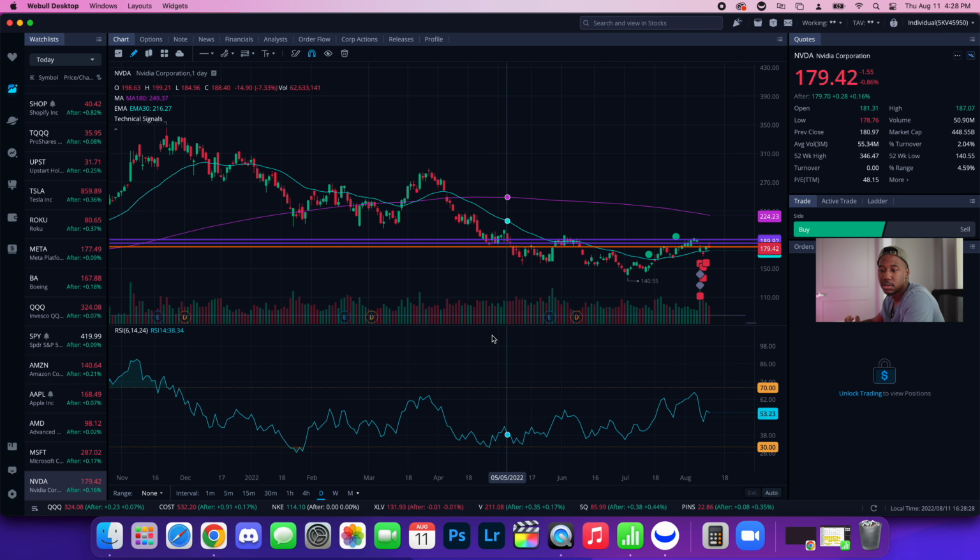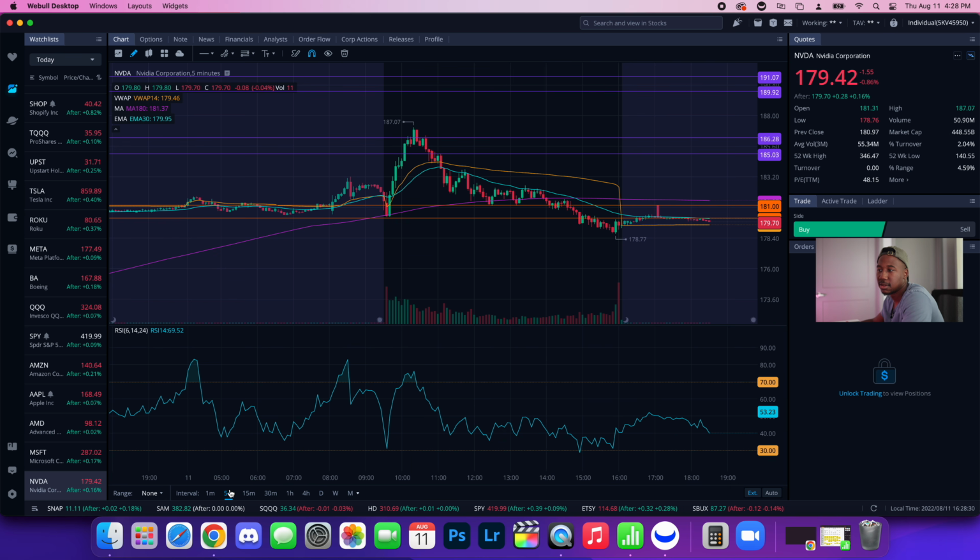But zooming back into the 5-minute, this is how I look at things on the daily, and I have the 30 EMA and the 180 moving average, but you can change these to your own. A lot of people use the 200 moving average, and I think the 30 moving average is common.